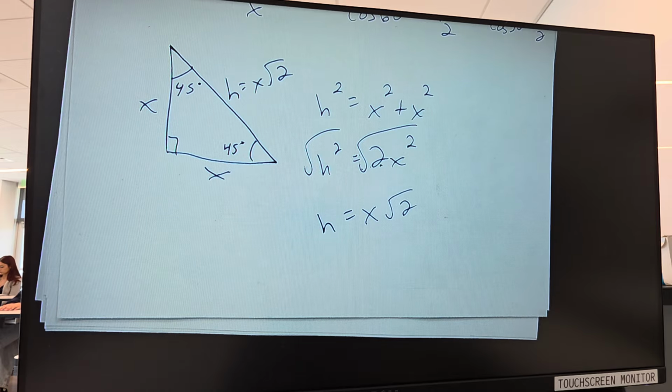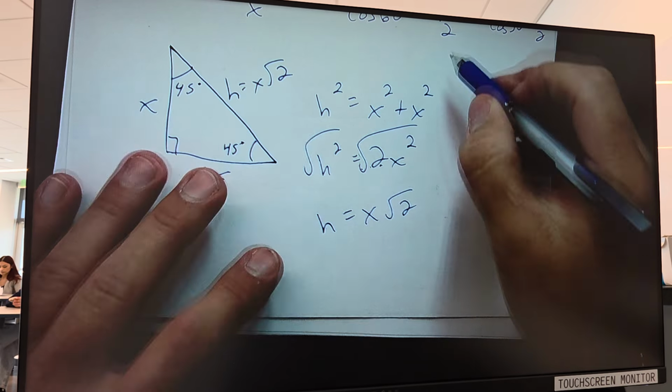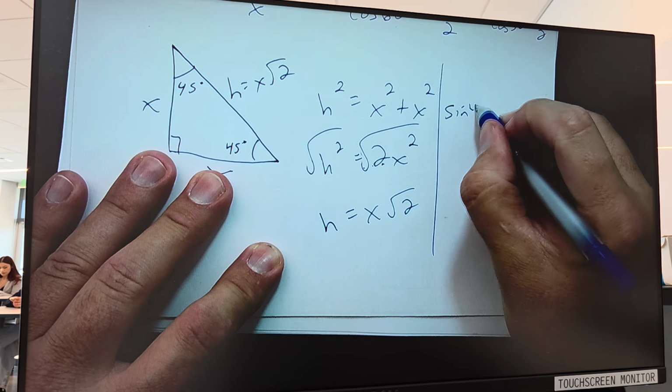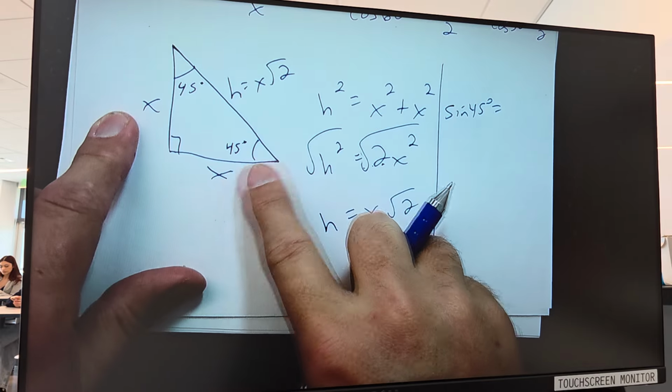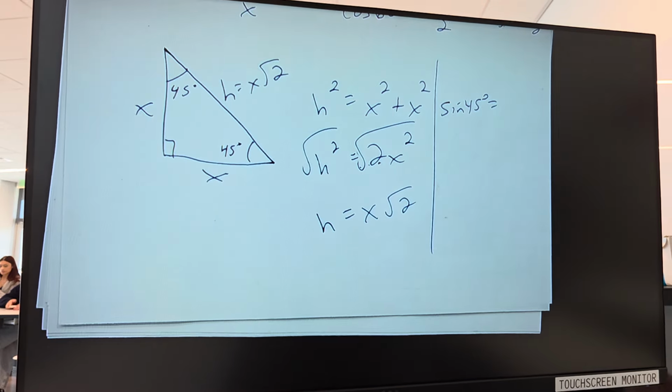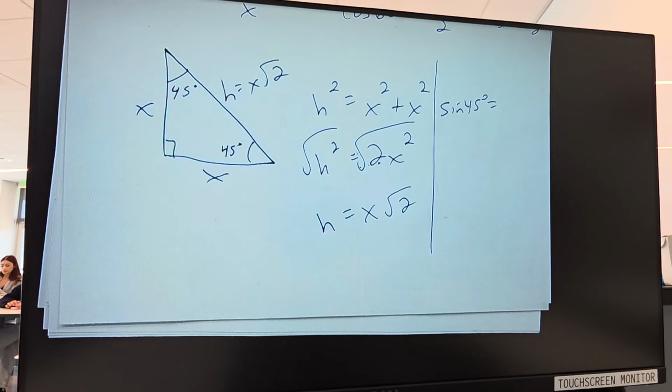Now, which 45, 45, 90 triangles did we just show that for? All of them. They're all isosceles. Now, can somebody tell me what the sine of 45 degrees is from this? Sine tells you to make the ratio y divided by hypotenuse.